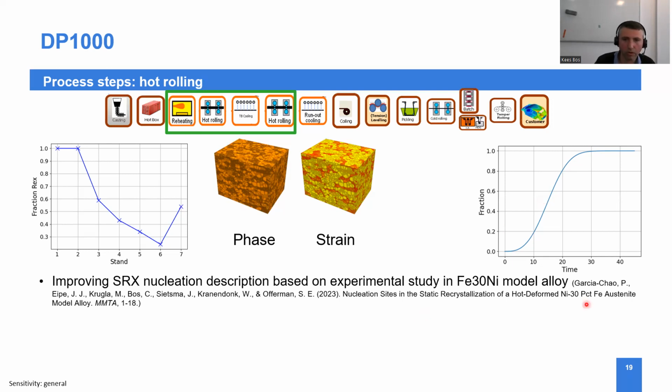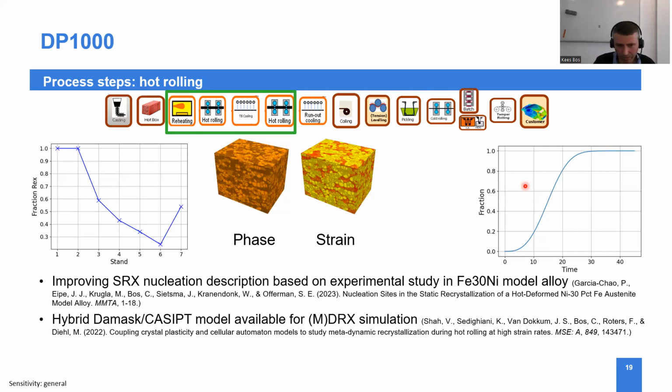It's work from Pablo Garcia Chao, who did an experimental study in an iron nickel alloy, and there it shows that the strain-induced boundary migration nucleation seems to overestimate the amount of nuclei being formed. So it looks like we have to improve this nucleation description by looking more into the transition of low-angle subgrain boundaries into high-angle subgrain boundaries. That is a work in progress, which I think is important to mention.